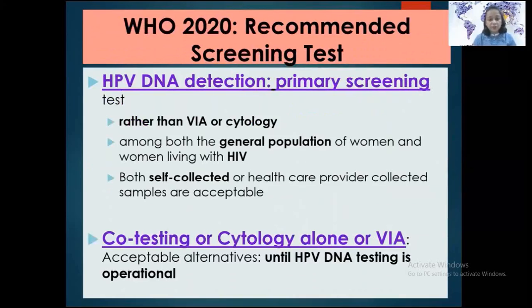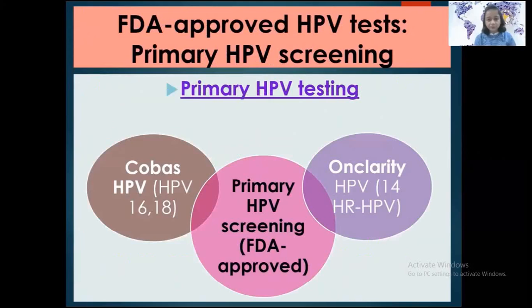So WHO recommends that screening should be done by primary HPV DNA detection rather than VIA or cytology. And both self-collected as well as healthcare provider-collected samples are acceptable for HPV testing. However, acceptable alternatives include co-testing, cytology alone, or VIA.